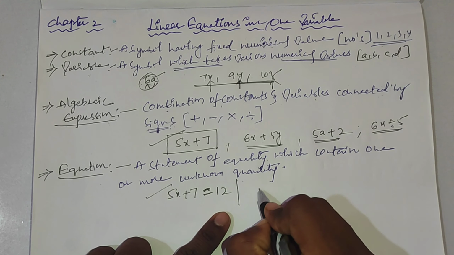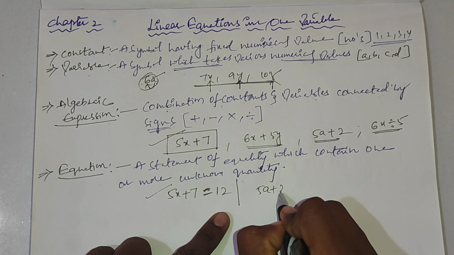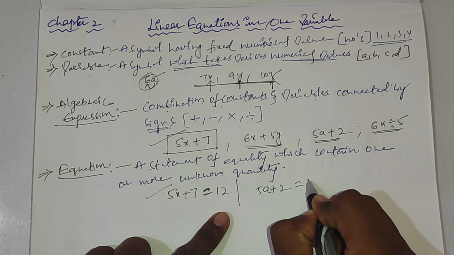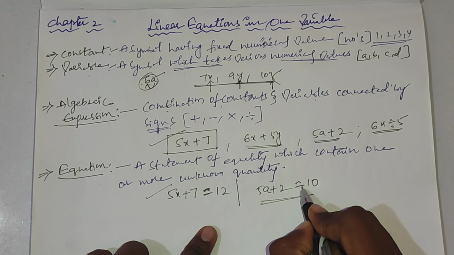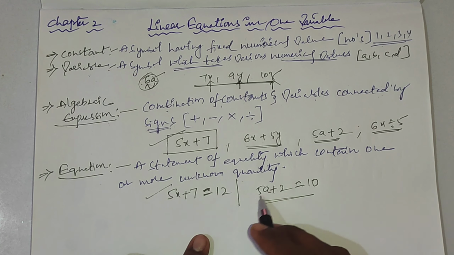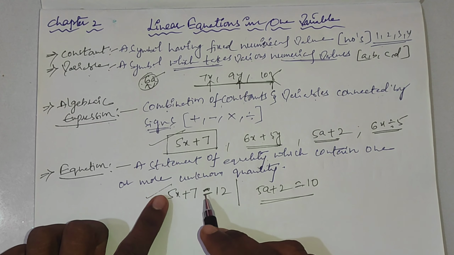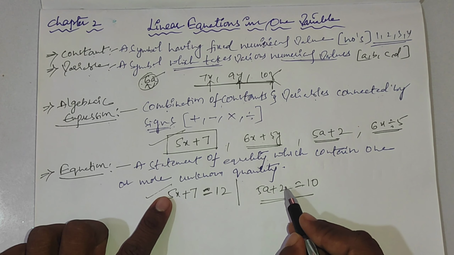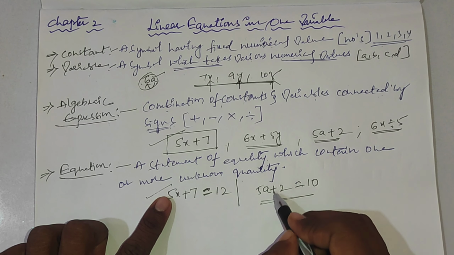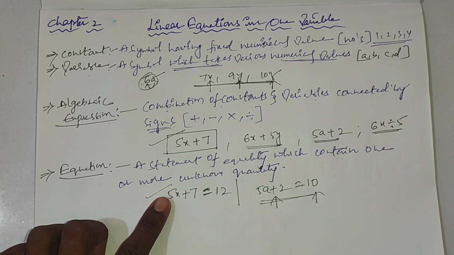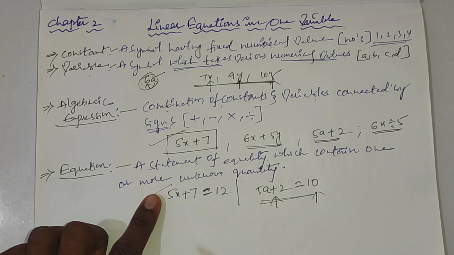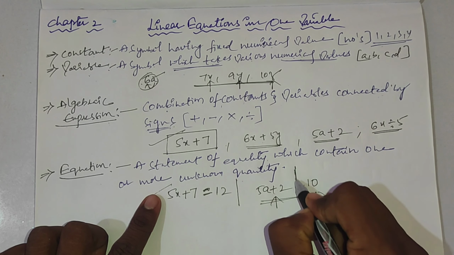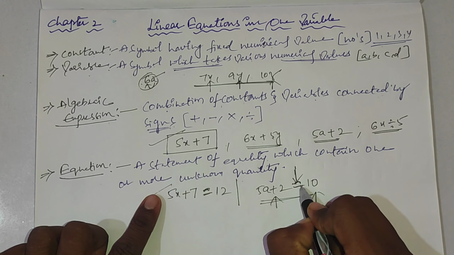Suppose we write 5a plus 2 is equals to 10. Yes, see here it contains the equality symbol, right? This is an algebraic equation, an equality of expressions involving variables and constants. The symbol here is equal, which indicates the equality.